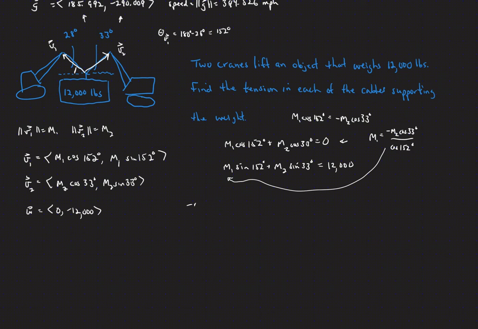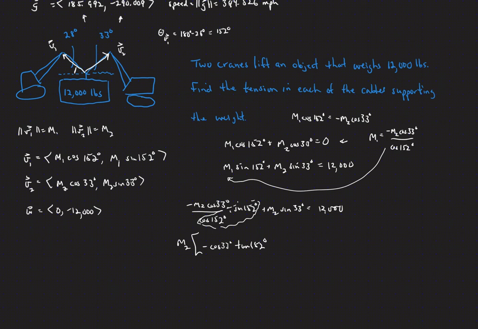So that's going to look like negative M2 cosine 33 over cosine 152 times the sine of 152 plus M2 sine of 33 is equal to 12,000. We can factor the M2 out. We can recognize the sine 152 over cosine 152 as a tangent of 152 to simplify our keystrokes.